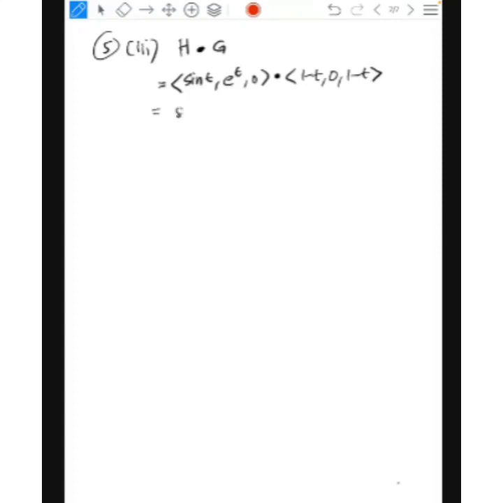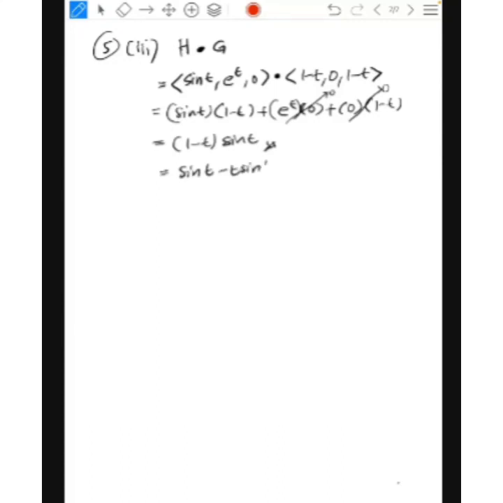So again, you have sine t times 1 minus t plus exponent t times 0 plus 0 times 1 minus t. So this is 0, this is also 0. So what's left is 1 minus t sine t. Or sine t minus t sine t. Okay, you may write the below one or the above one. It's okay.